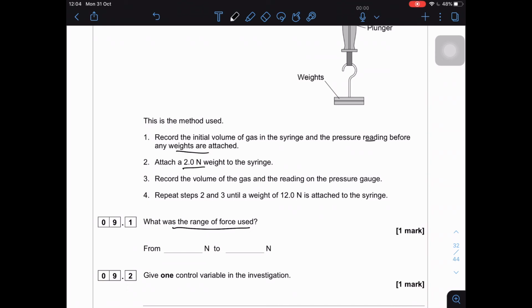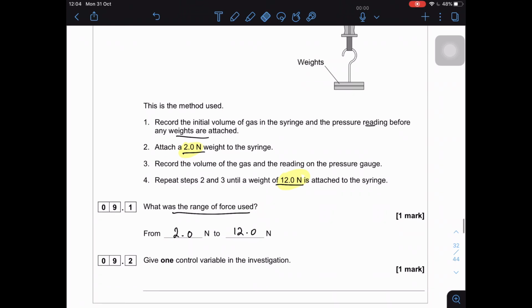Here, attach 2 newtons of weight to the syringe, up to 12 newtons. So what was the range used? If you write 2 to 12, I'll accept that. So 2 newtons to 12 newtons, I will accept that. We can also write 0 newtons to 12 newtons. It's also acceptable. So this was the range used.